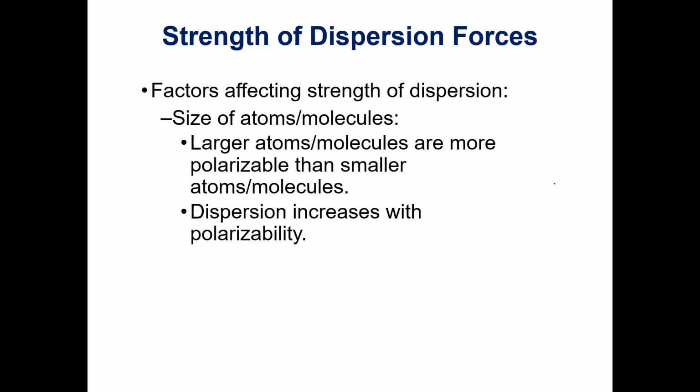Something that's smaller, there's not as much room for the electron cloud to spread out, and there's not as much of an electron cloud to start with, because smaller molecules would have fewer atoms, which means fewer electrons. So as we get to larger molecules and larger electron clouds, we can distort that electron cloud easier.